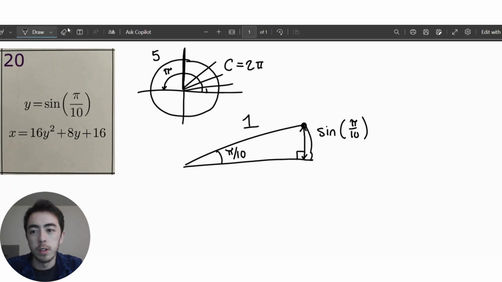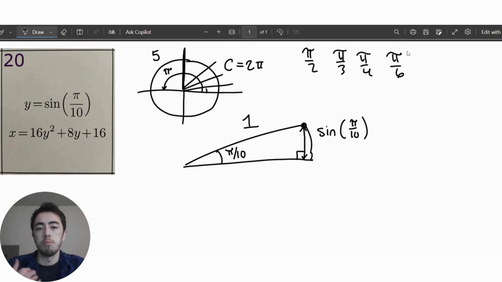In a previous video, we talked about ways of getting sine and cosine values for harder angles. Some easier angles to work with would be like pi over 2, pi over 3, pi over 4, and pi over 6. Or like multiples of those ones. So like 7 pi over 6, not too hard to figure out.